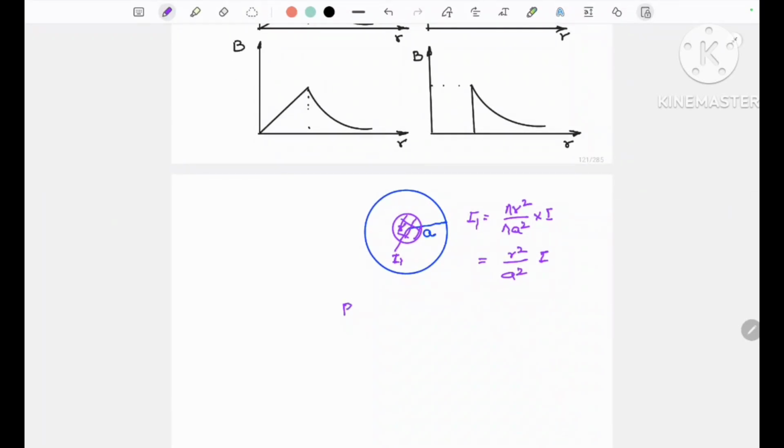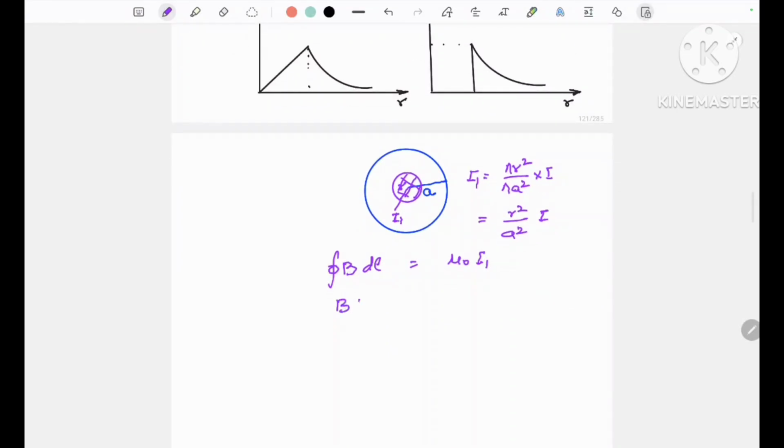इसकी सरकमफ्रेंस पर जो मैग्नेटिक फील्ड होगा, लूप इंटीग्रल विल बी म्यू नॉट I1 और B इंटू टोटल लेंथ होगी 2 पाई R इज इक्वल टू म्यू नॉट R स्क्वायर I बाई A स्क्वायर और B इज म्यू नॉट IR बाई 2 पाई A स्क्वायर.